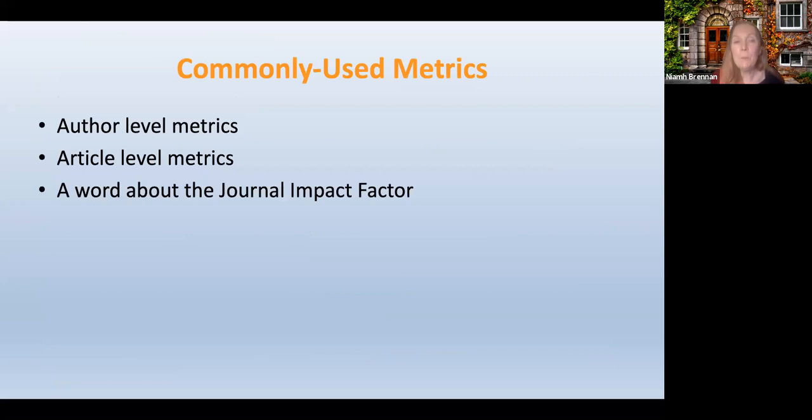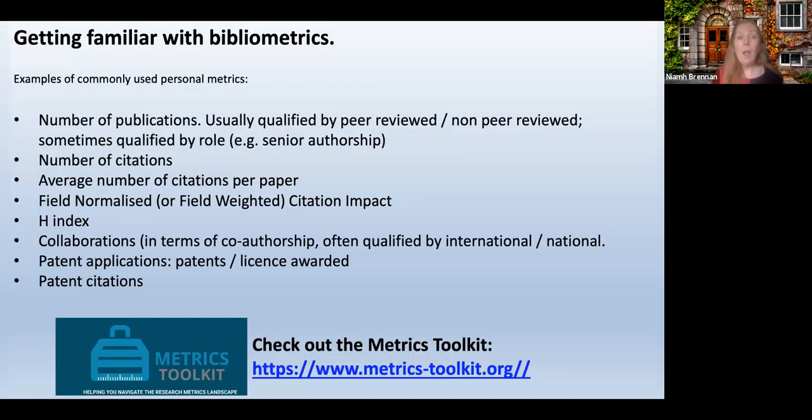The commonly used metrics are, as we've mentioned already, author level metrics, article level metrics, and we're going to say a quick word about that infamous journal impact factor. But first, getting familiar with metrics, the examples of the commonly used personal metrics will be the number of publications, usually qualified by peer-reviewed or non-peer-reviewed, sometimes qualified by the role.